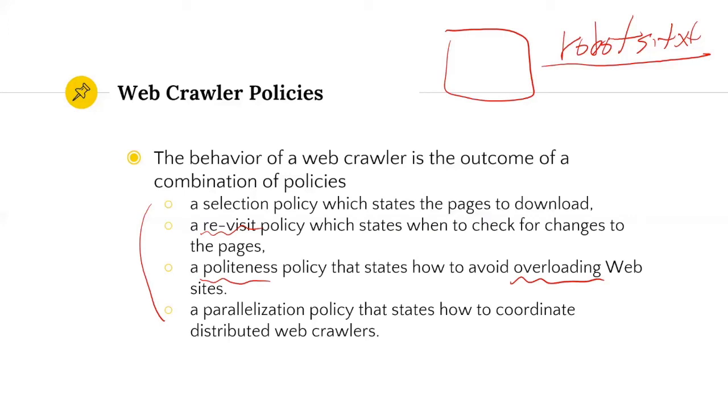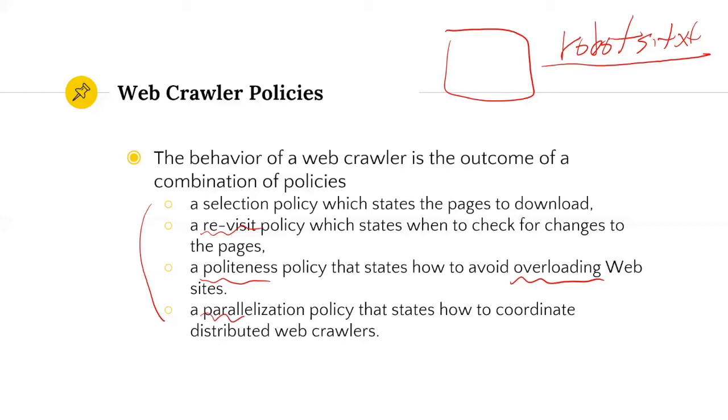If you do that for an hour or so, you're going to generate millions of clicks on a web page, and that is going to overload the server, and other innocent users may not be able to use the website. So the politeness policy is to prevent that kind of activity.